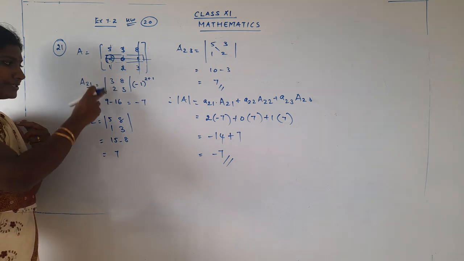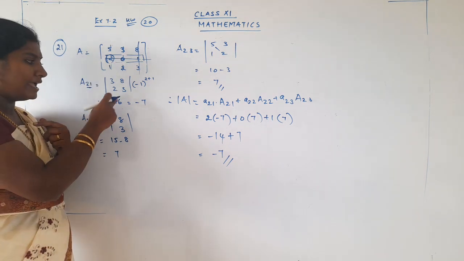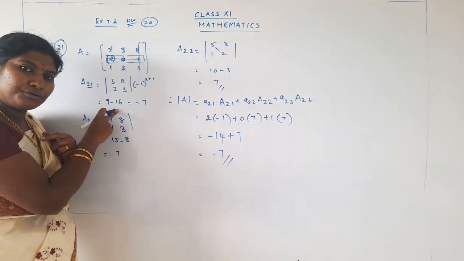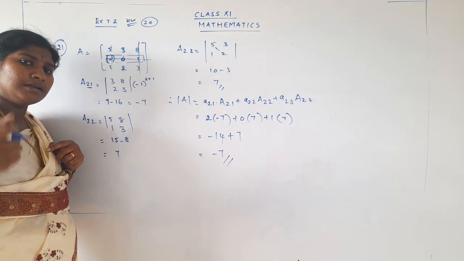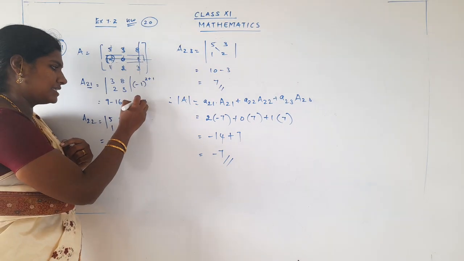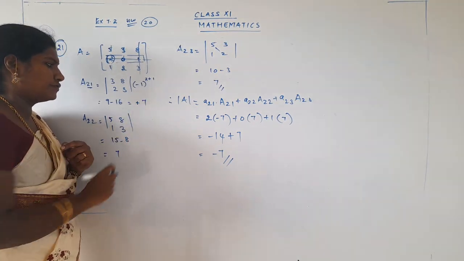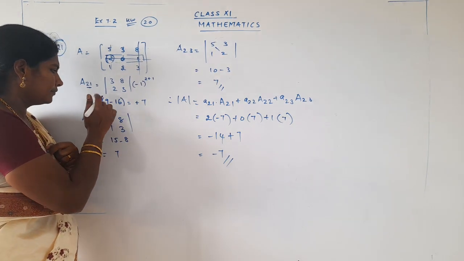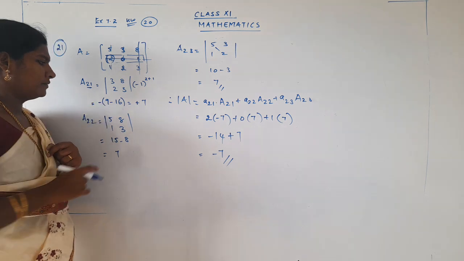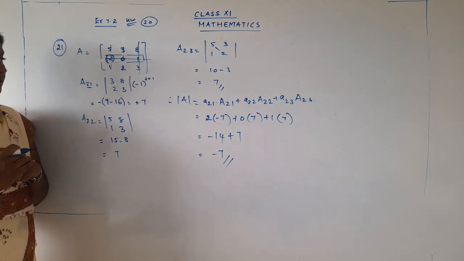That means what is the answer for this? This is minus 7, and along with minus 7, you are going to add this minus 1. So minus 7 into minus 1 gives you plus 7. So the answer is plus 7. You clear with this step, children? See carefully.